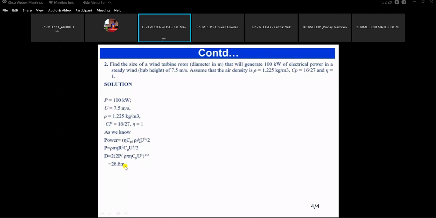So again, we can calculate swept area A by using the formula pi r square. So use this formula and solve this for diameter D and match the value 28.8 meter.